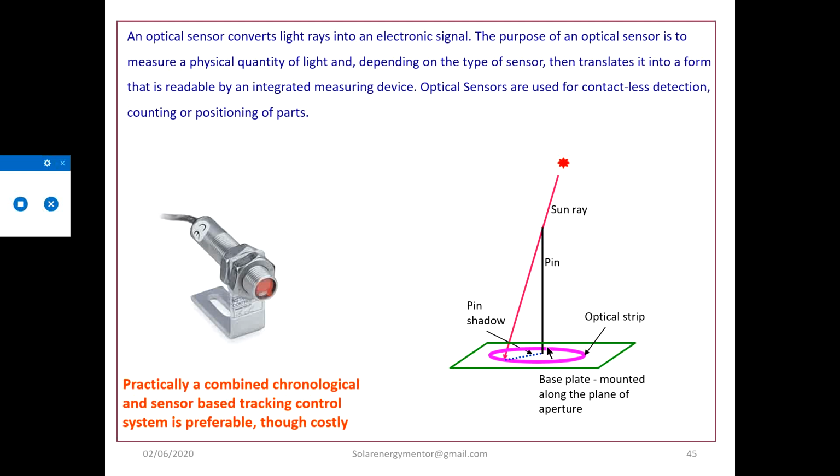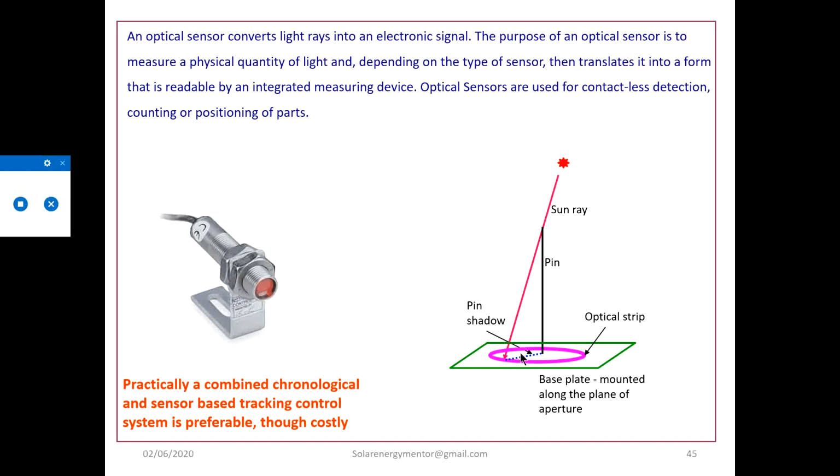Now if the shadow of the pin touches the optical strip here, it indicates that the collector or the aperture has moved out of the acceptance angle, and then accordingly it gives the signal to move towards inside. Then the aperture moves in this side, the sun comes here, and again the length of the shadow will be less.